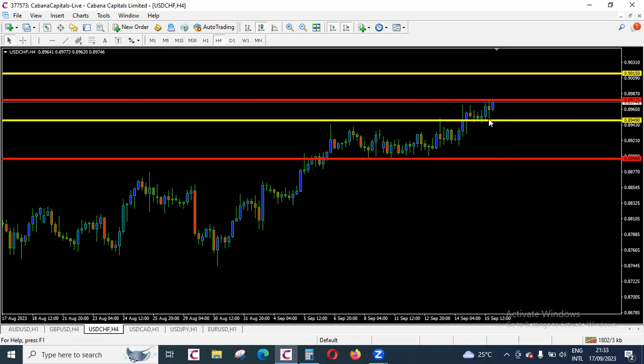And if you are selling below this level, this should be your target. There are a lot of stop losses at this level. So that's my take on USD CHF. If the candle closes above this level and there's a retest to this resistance as support, I would buy. If 4 hour closes below this support, I would sell.